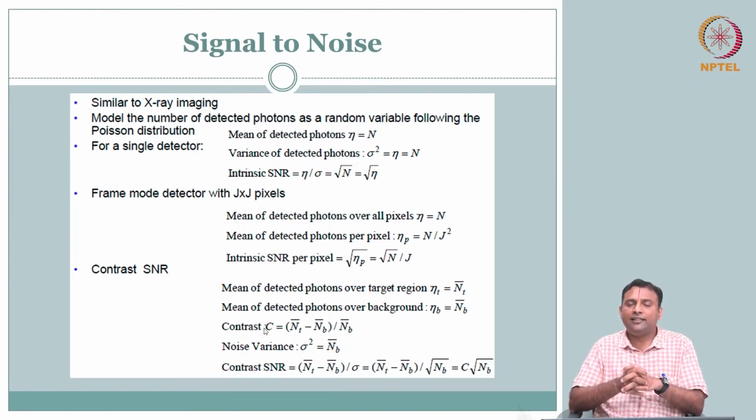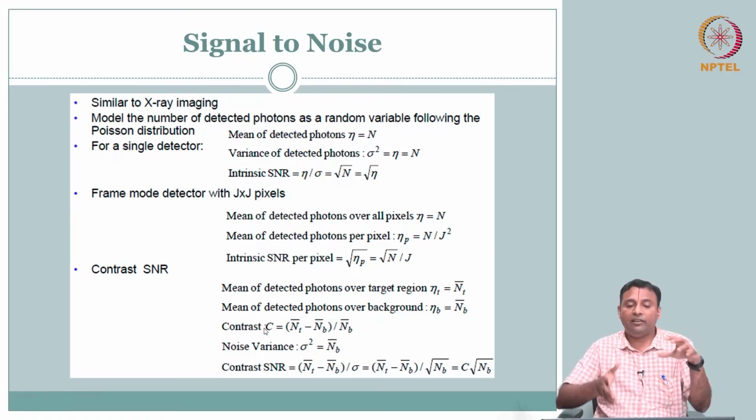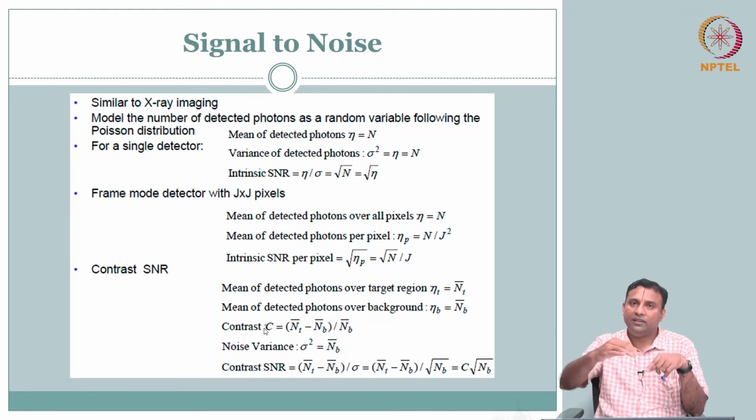Our next agenda is equivalent to planar radiography. Analogous to projection radiography in X-ray, here we have done planar scintigraphy, and there we did computed tomography. So here we should also get some tomography.